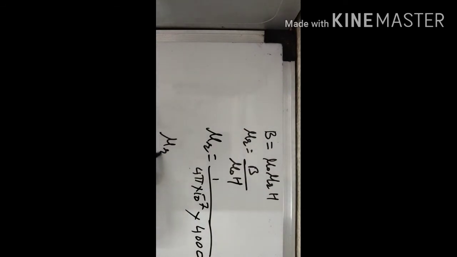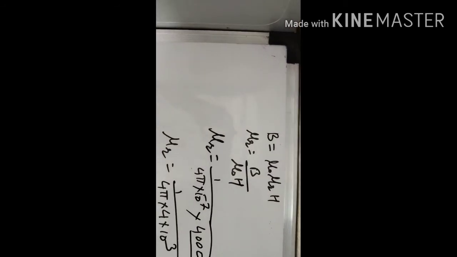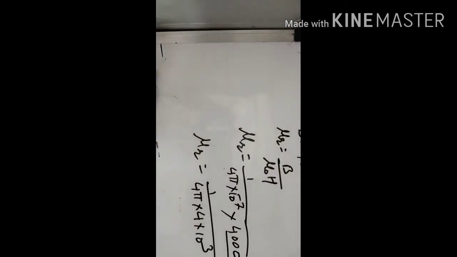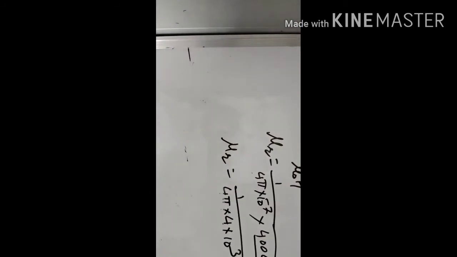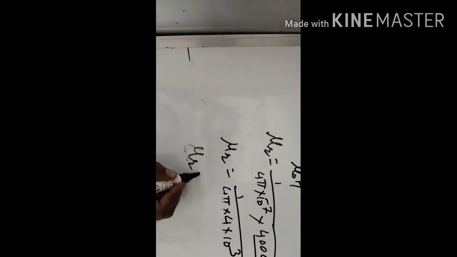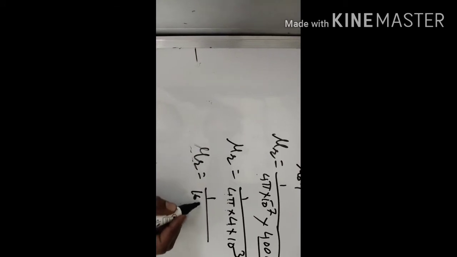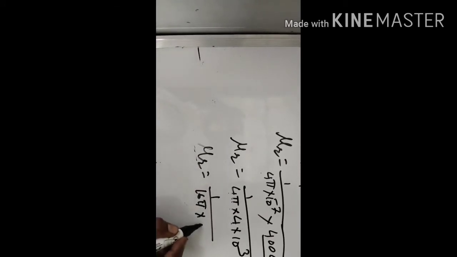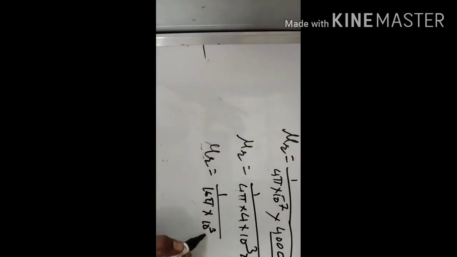So now we have to solve this: 1 upon 4 pi into, how do I write 4000? I write it as 4 into 10 to the power 3. Then next, 4 into 4 is 16. So mu r is equal to 1 upon 16 pi into 10 to the power 3 into 10 to the power minus 7.